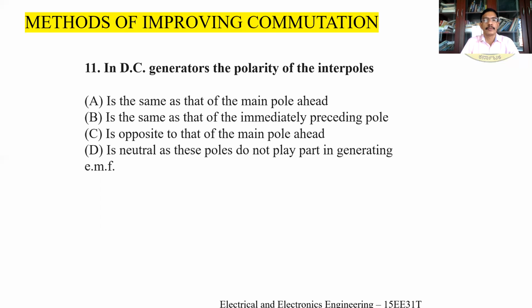So try to understand the question and options, and select the correct answer. Once again, to answer all these multiple choice questions, theory knowledge is very, very important. So go through the theory portions once again, then answer the questions.